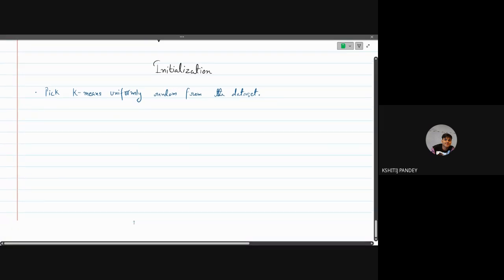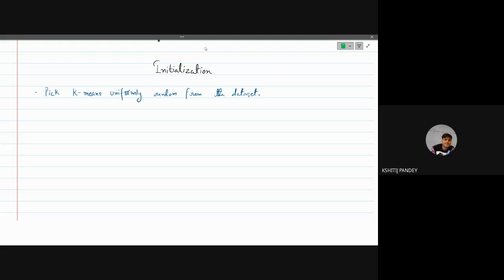Now, the other method of initialization comes from k means plus plus. This is the method of k means. When we talk about k means plus plus, what are we doing there?